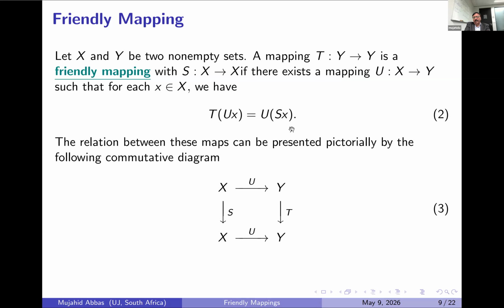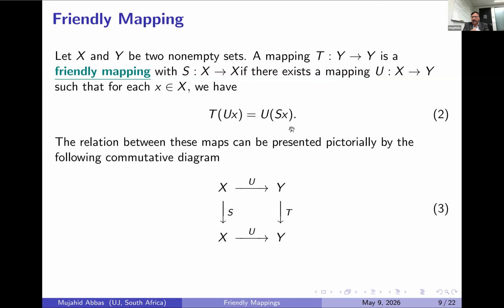So these relations, you can see pictorially as the following. Look, you have two mappings. One is S, a self-mapping from X to X. There was another mapping T, which was from Y to Y. And then you can see a mapping U, which is connecting X with Y. You move from X to Y with the help of two paths.